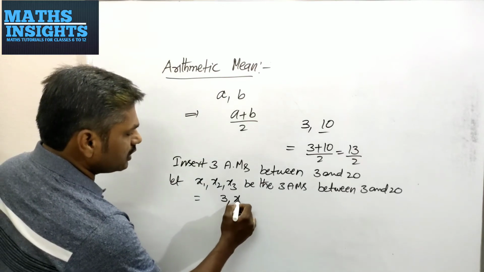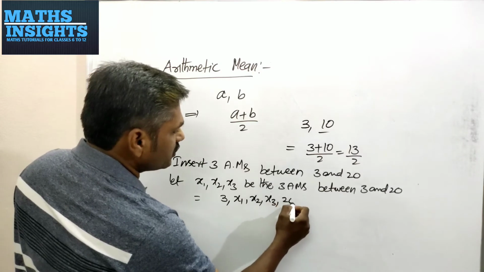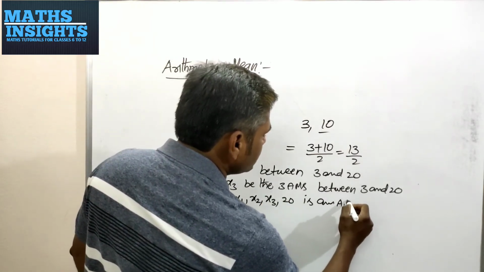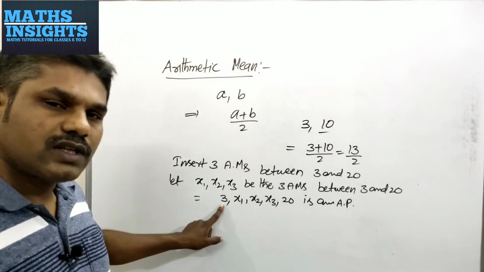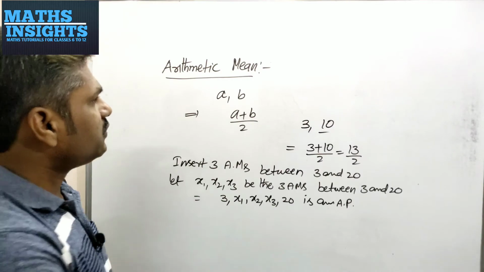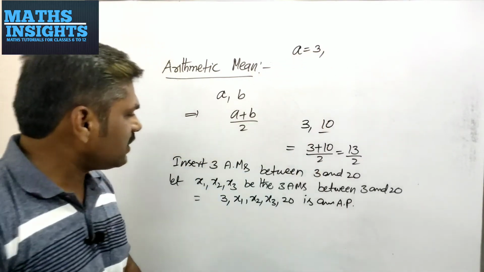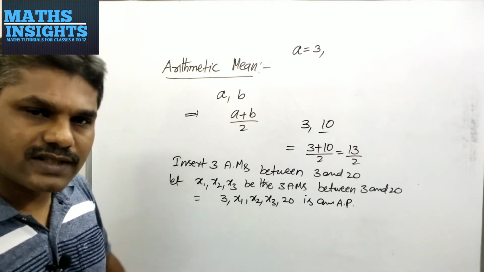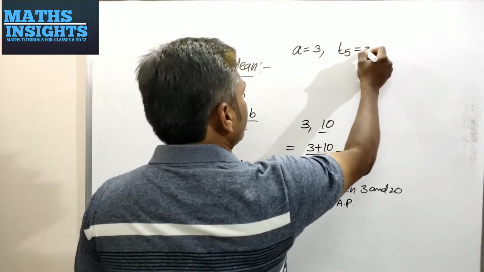Therefore 3, x1, x2, x3, 20 is an AP. Is it or not? So you know the first term. Therefore first term a is equal to 3. What is the last term? 1, 2, 3, 4, 5. The fifth term is the last term. T5 is equal to 20.